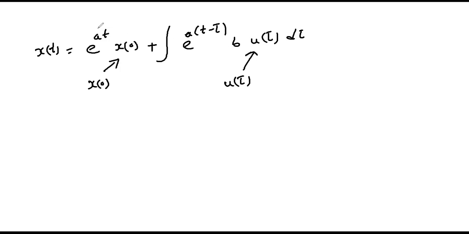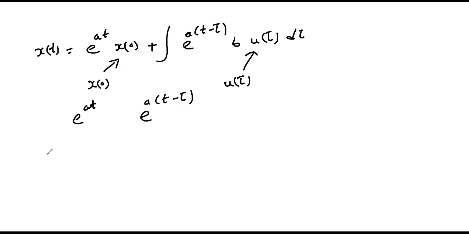And in our case, the term dependent on the initial condition is multiplied with our exponential at, and this one is multiplied by exponential a into t minus tau.